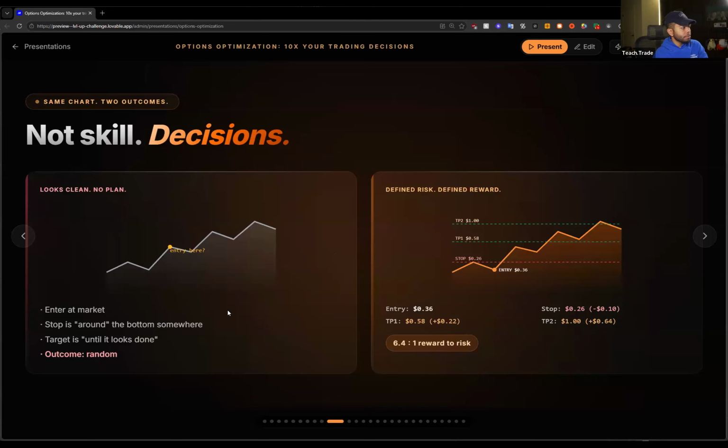But the problem is that we take an entry at market price, and we have no idea where our stop level is or what our risk amount is. We have no target. We just want to enter a trade and hold it until, I guess, it's no good. But what does that even mean?